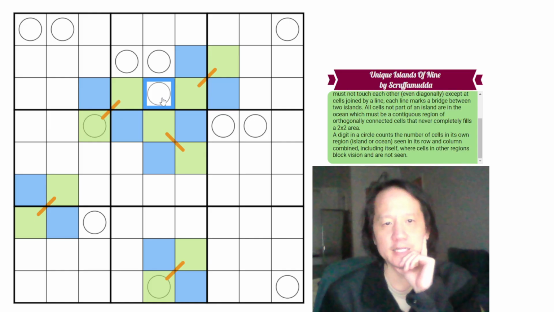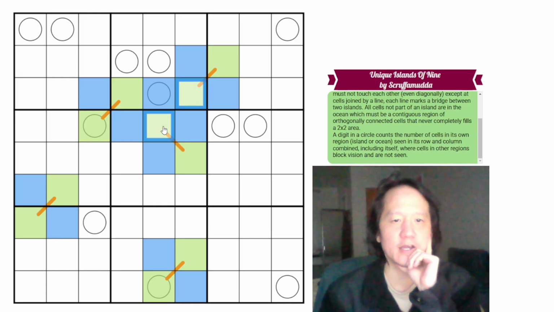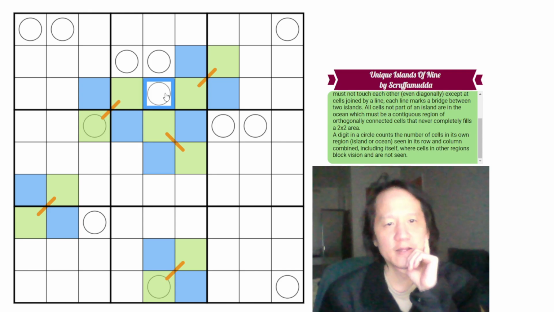If this is not an island, say this was an ocean, we know these 2 cells are both islands. If this were ocean, you would have 2 islands which would be touching each other diagonally, but not connected by a bridge. So this cannot be an ocean cell. This has to be an island cell. So now we know this is all connected.